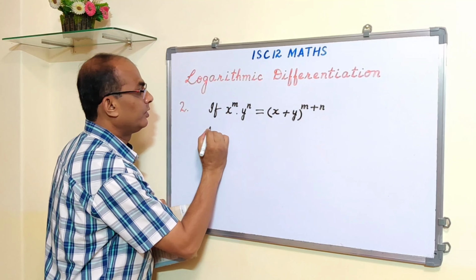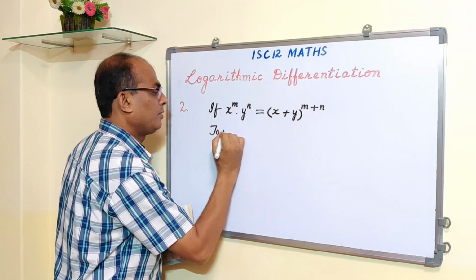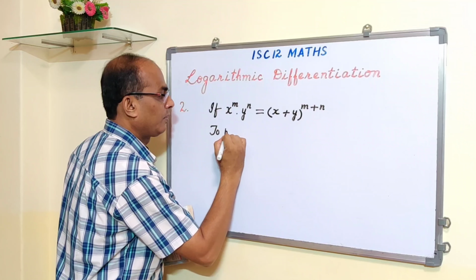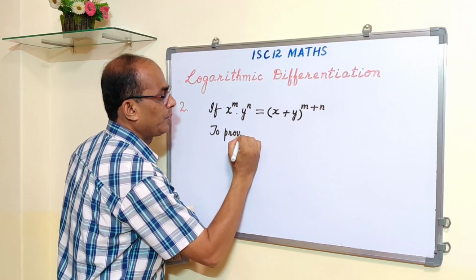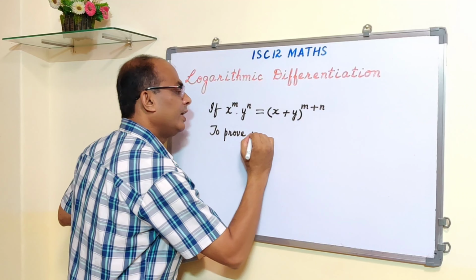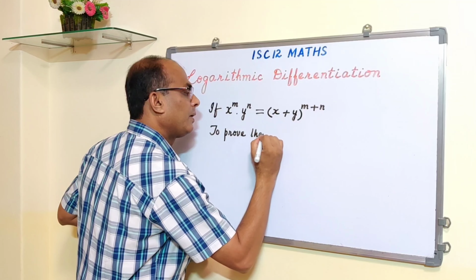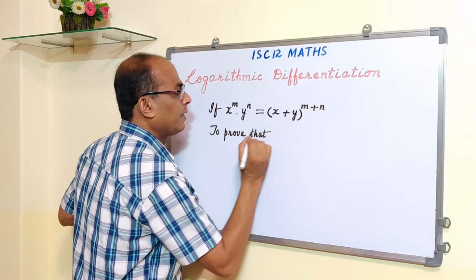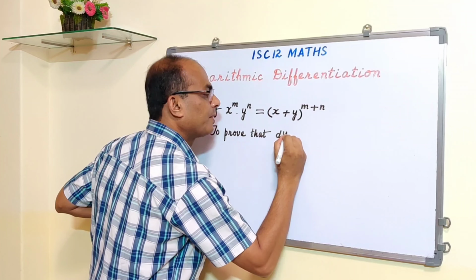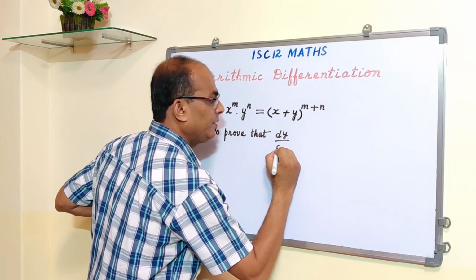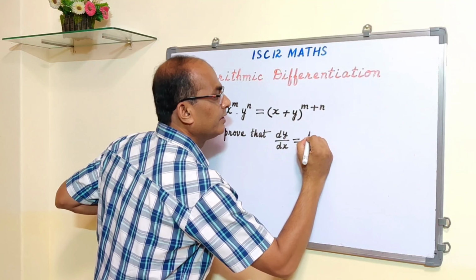To prove that dy upon dx is equal to y upon x.